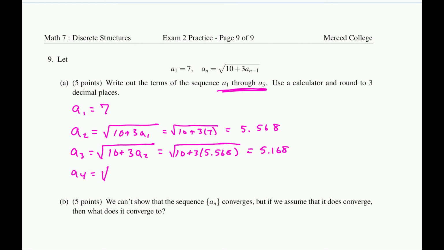A4 would be the square root of 10 plus 3A3, which is square root 10 plus 3 times 5.168. Work that out. Square root 10 plus 3 times 5.168. I get 5.050.